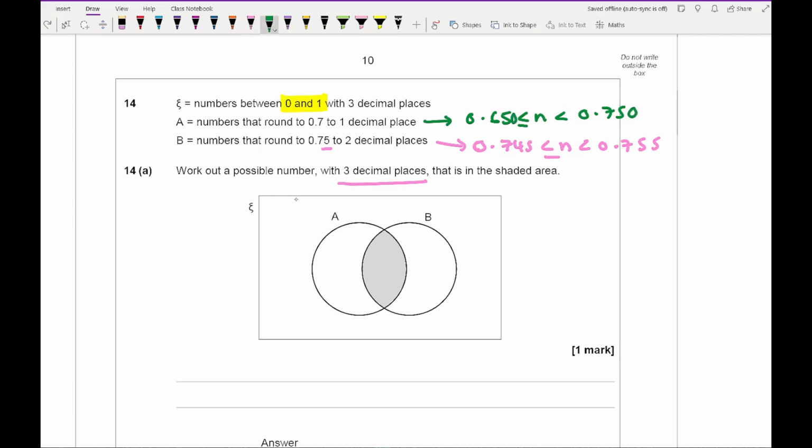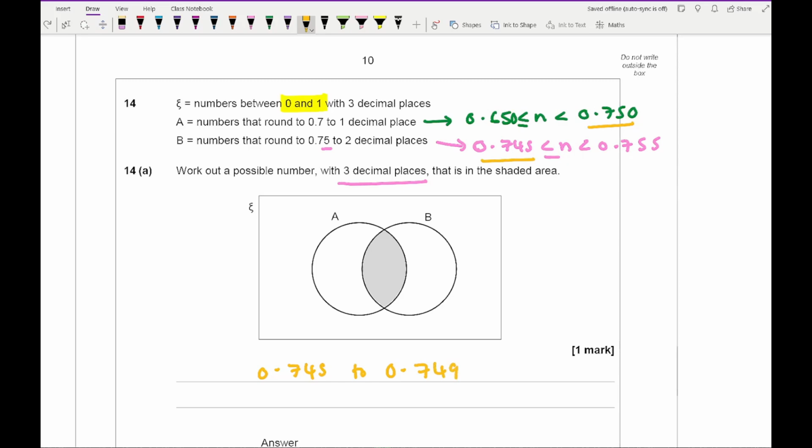So there we go. Now for this area that's shaded in both, the bit looking at the numbers in green and the numbers in pink, we want to know what numbers will be overlapped. Well, the numbers that will be overlapped will be between 0.745, which is the lower limit of B, and the upper limit of A, 0.749.